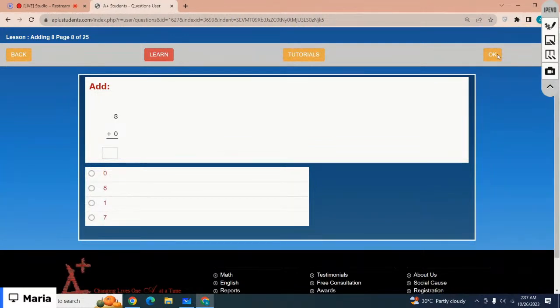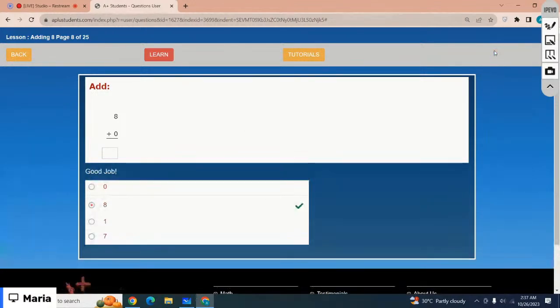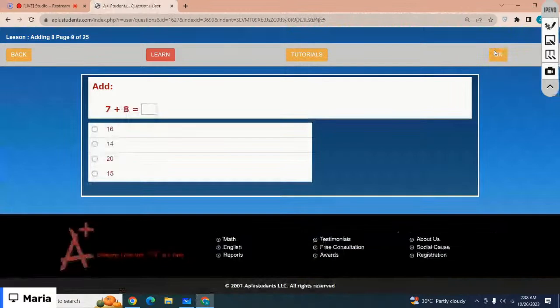Okay, 8 plus 0 equals, yes, the correct option is 8. 8 plus 0 equals 8. Okay, the next one is 7 plus 8. So which is the correct option?